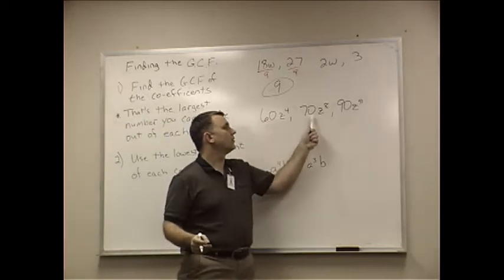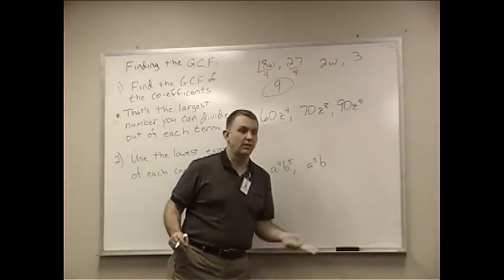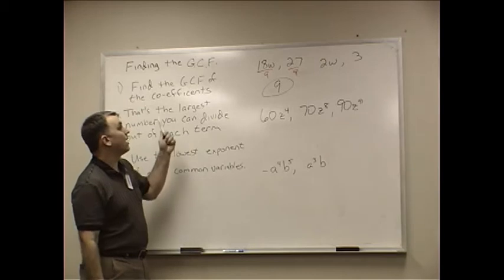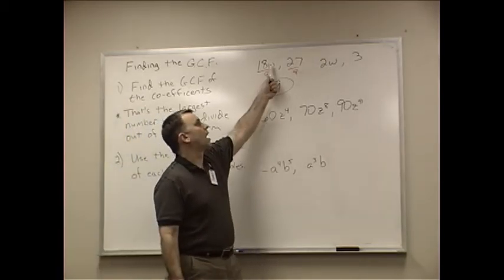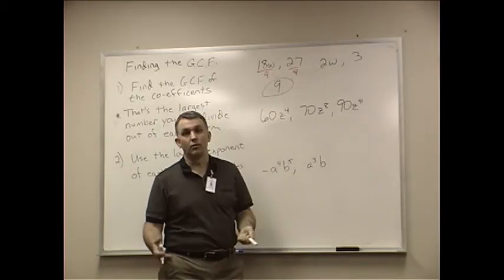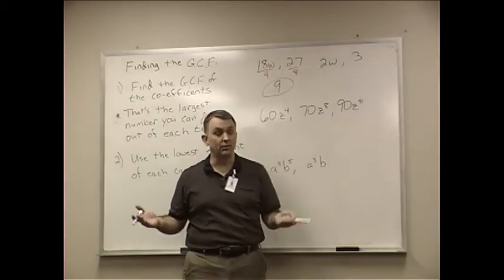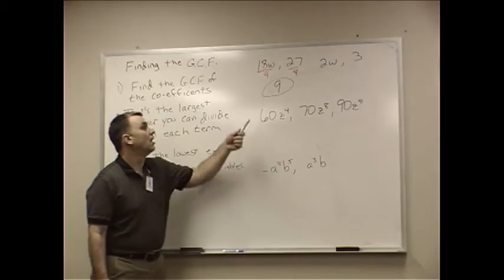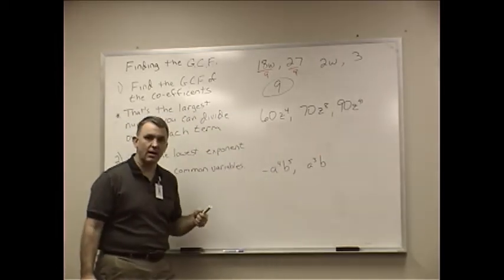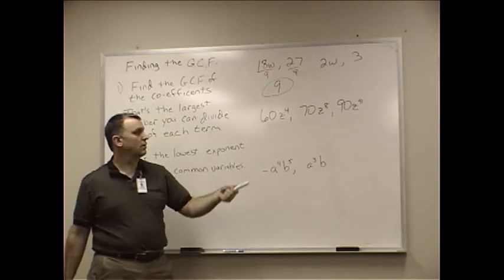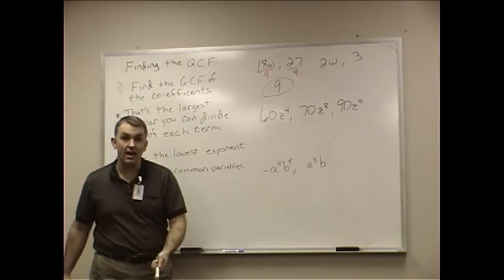60z to the 4th, 70z to the 8th, 90z to the 9th. Now we've got coefficients and variables. If you look at the problem up above, there was no W on the second one, so I simply ignored the variables. But first the coefficients. What's the biggest number you can divide out of each? The biggest number you can divide out of each of these is a 10.